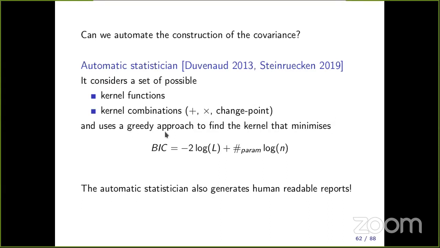And then it uses a greedy approach to find the kernel that minimizes this quantity. So as before, we are trying to maximize the log likelihood, but we also introduce a penalty on the number of parameters that we have inside the model.